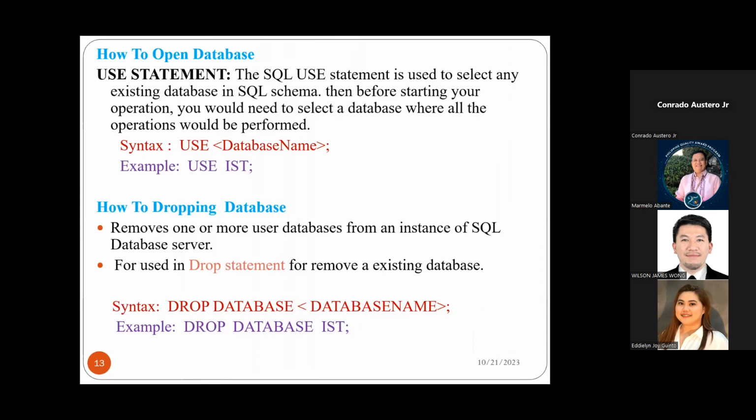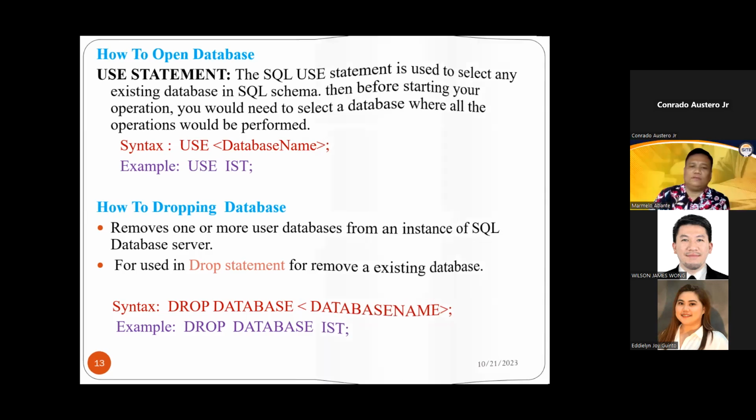How to drop a database. It removes one or more user databases from an instance of the SQL database server. Use the DROP statement to remove an existing database. Syntax: DROP DATABASE database name, for example DROP DATABASE IST.